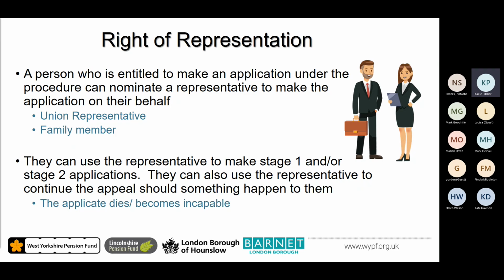So should the applicant die or become incapable, dementia or something, and they're not mentally capable of carrying out the application themselves, they can still use their representative.